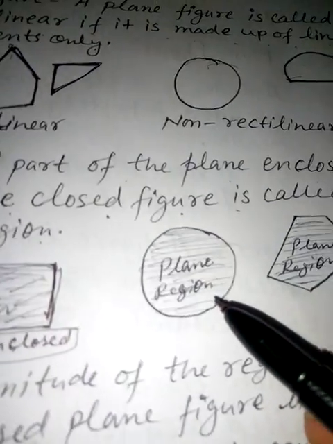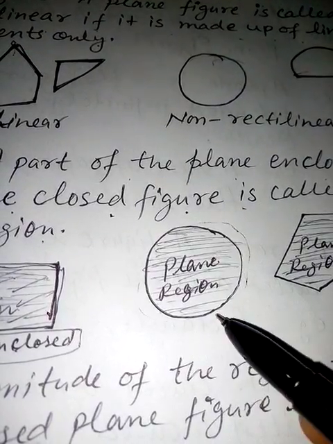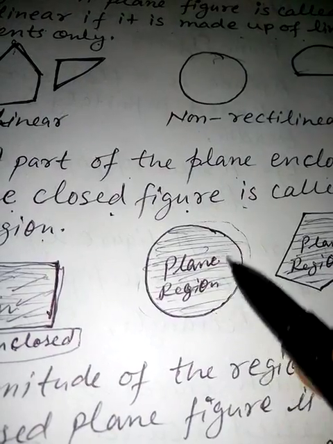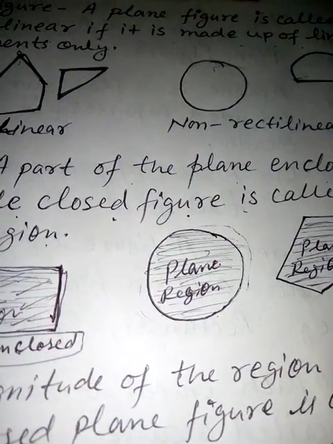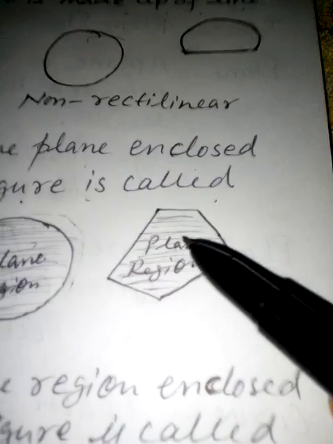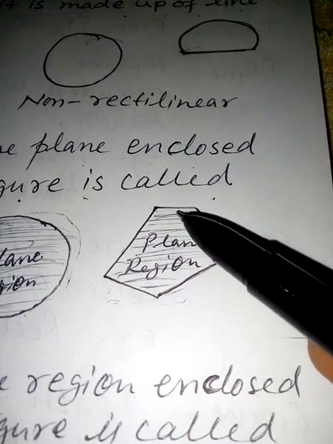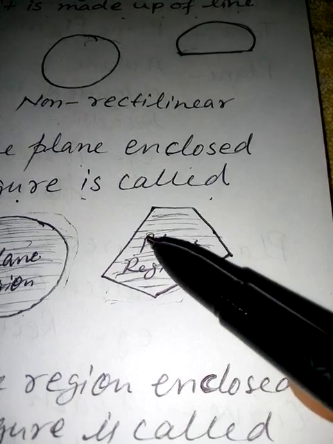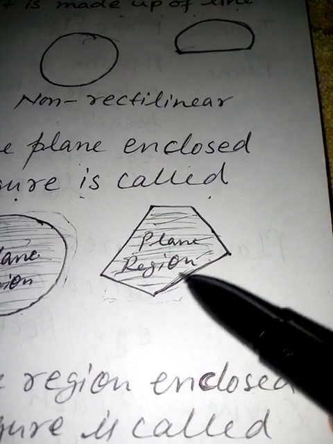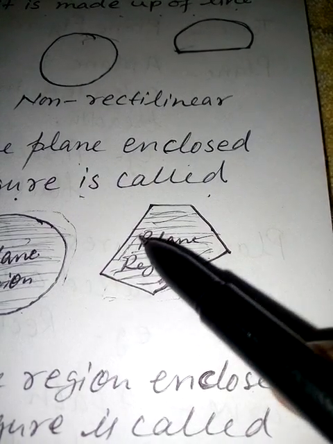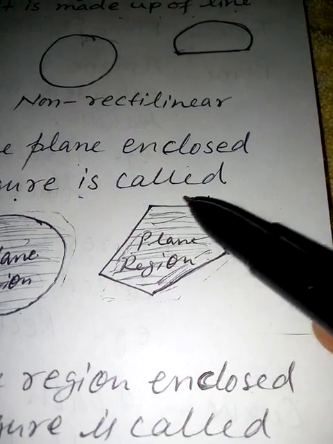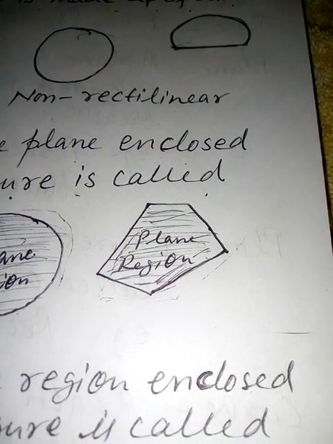Here the circle and the region enclosed together is called a plane region. Here this polygon and the region enclosed together is called a plane region.